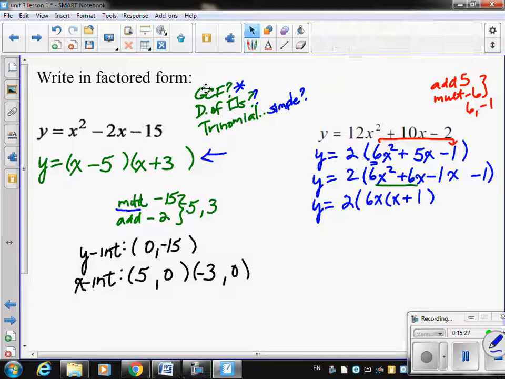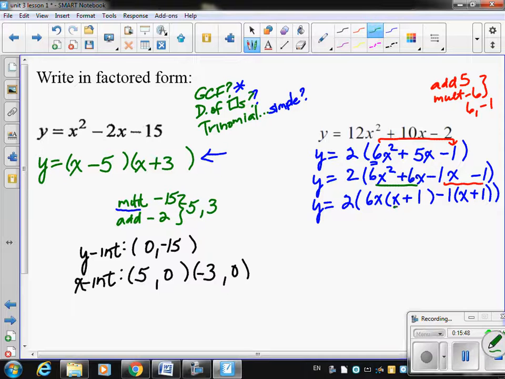Now we're going to factor the last two. I need a greatest common factor for those two, and the only common factor would be a 1. I'm going to write my common factor as negative 1 so that in the brackets I can have a positive x and a positive 1. And now I notice that my two brackets are both the same.